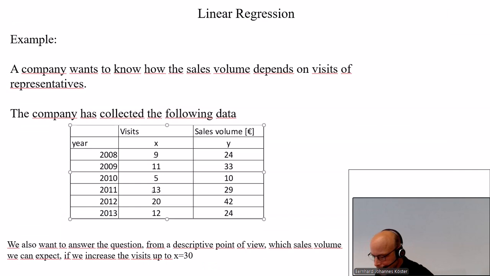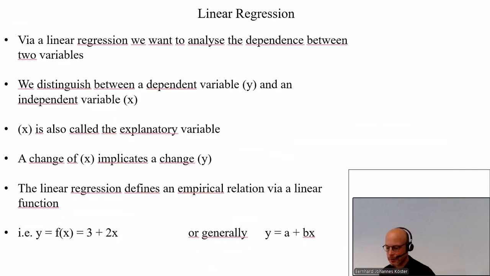Okay, so in general, then we say, as I said before, sales is our dependent variable, and X is our independent variable. And with this X, then we say that we explain the development of Y. And in general, a change of X will implicate a change of Y.